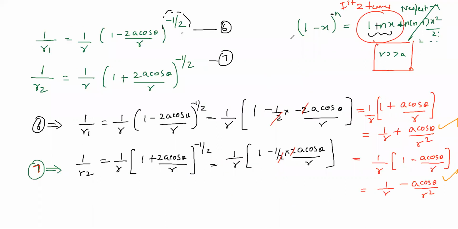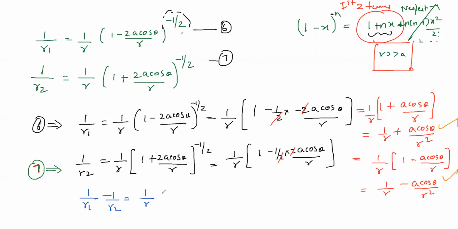So finally, we are nearing the end of it. Carefully, this is our 1 by r1 and this is our 1 by r2. We are finding 1 by r1 minus 1 by r2.